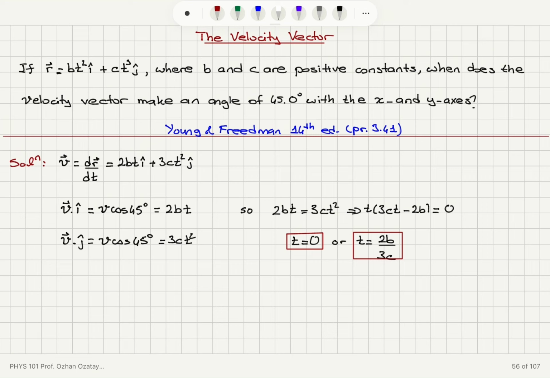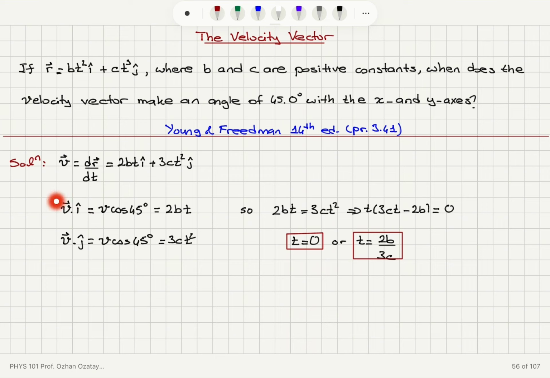When does the velocity vector make an angle of 45 degrees with x and y axes? First I have to find the velocity vector, so I take a derivative with respect to time of the position vector. I obtain from bt square, derivative with respect to time 2bt, and 3ct square from the derivative of ct cube with respect to time. The x component, v dot i hat, is 2bt.